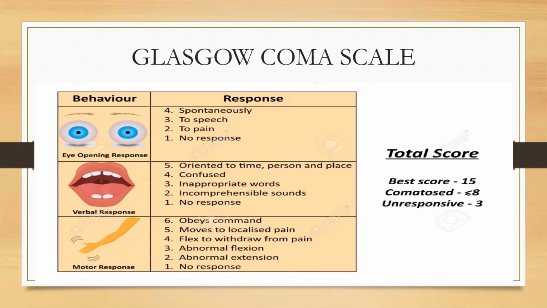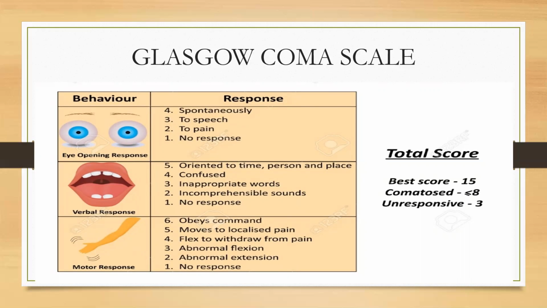When the score is 3, the patient is unresponsive. There is no eye opening, no verbal response, and no motor response to any kind of stimulus. Eye opening response includes 4 points: spontaneous eye opening, eye opening to speech, eye opening to pain, and no response.